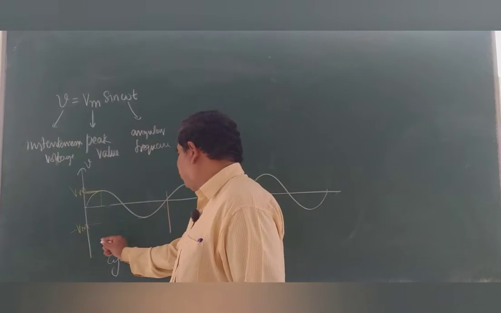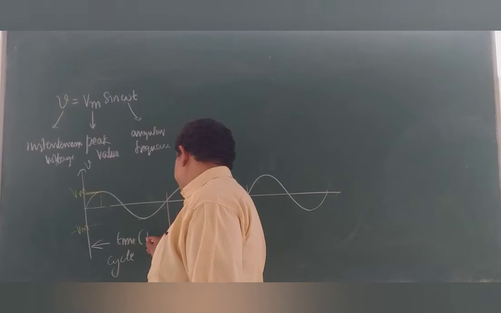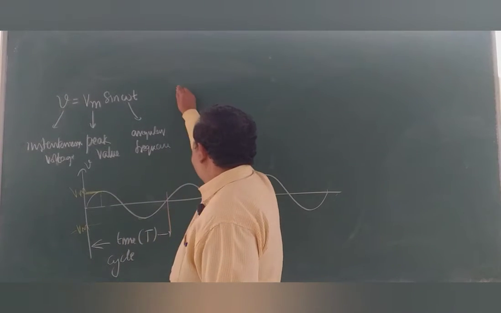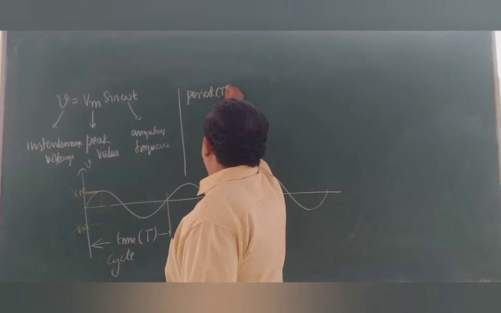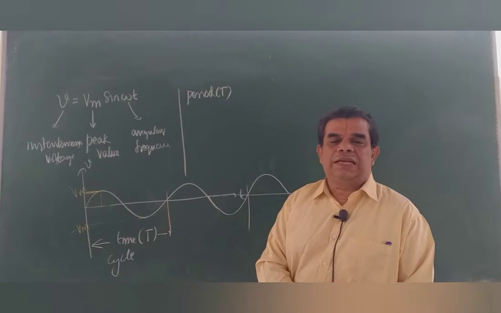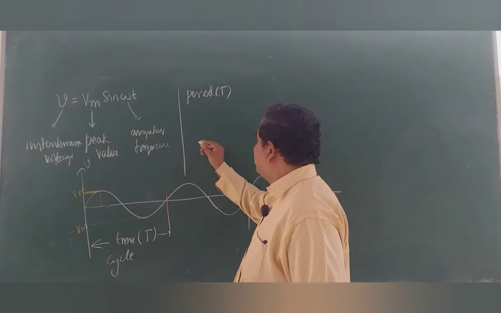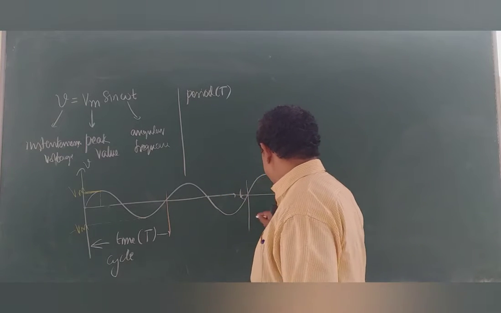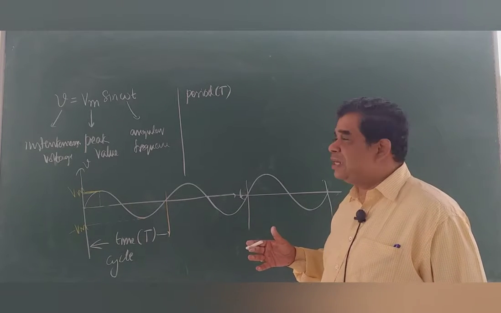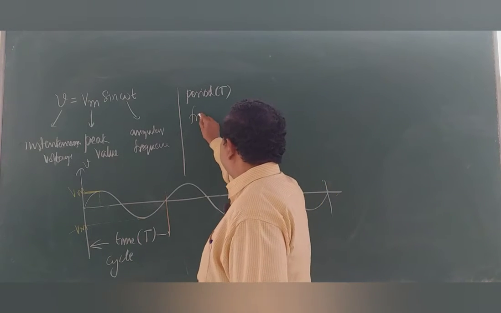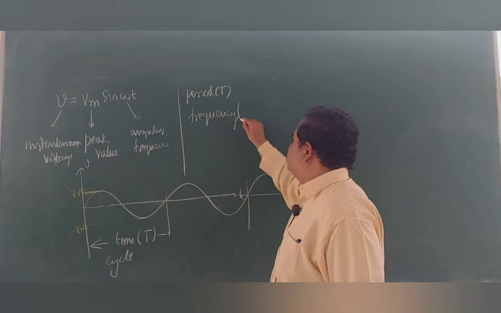And the time taken for one cycle, this time, which we denote by capital T, is called as period of AC. Say period denoted by capital T is the time taken for one cycle of AC. Then the number of such cycles completed per second or per unit time is what we call as frequency, usually denoted by f.